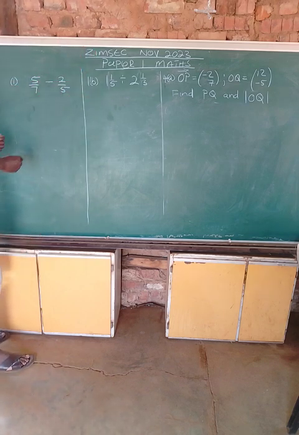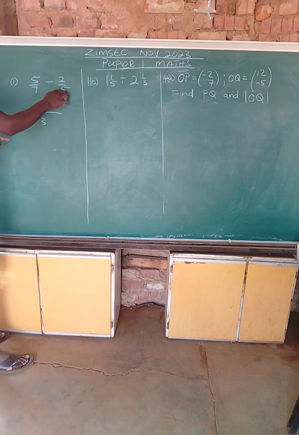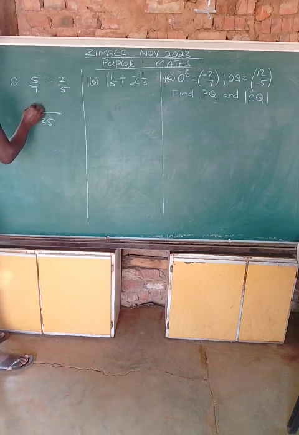This is 5 over 7 minus 2 over 5. What do we need to do? These are fractions. We need to find the common denominator. Multiply the 2 denominators. What do you get? You get 35. Then 7 into 35, what do we get? We get 5 multiplied by the numerator.